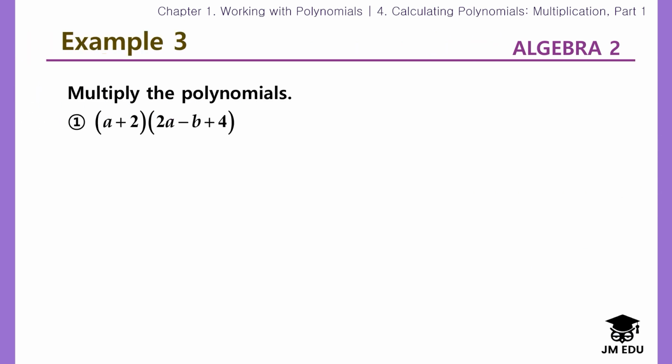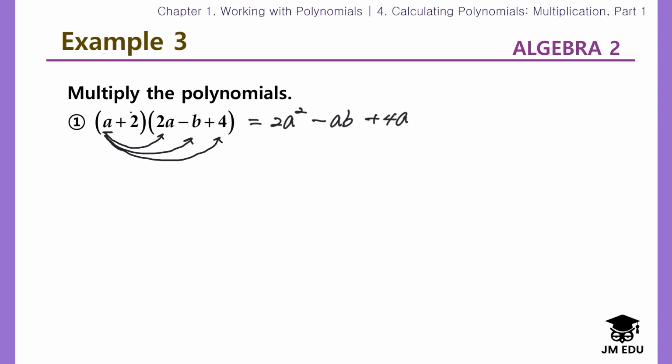Okay, now let's try example number 3. The question is to multiply the polynomials. We have a binomial times a trinomial, so all we have to do is apply the distributive property. Starting from a times 2a, that's 2a squared. a times minus b, that's minus ab. a times 4, that's plus 4a.